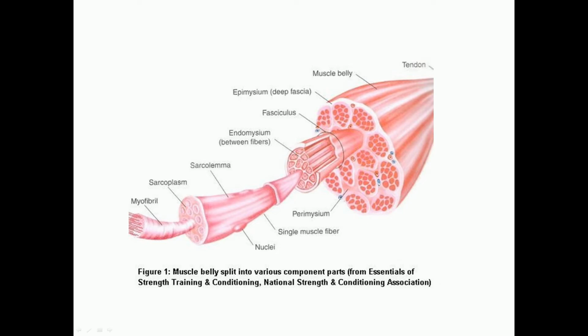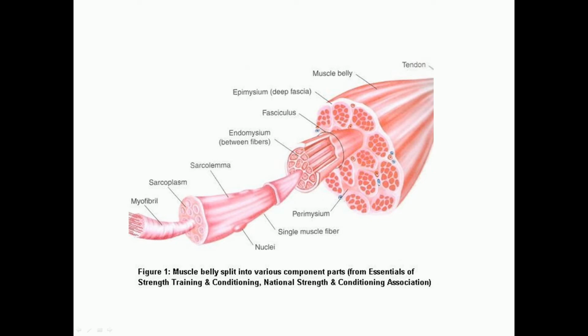Each fasciculus is covered by something known as perimysium, which is also shown in the picture at the bottom. Inside each fasciculus there are various muscle fibers, and each muscle fiber is surrounded by something known as endomysium.